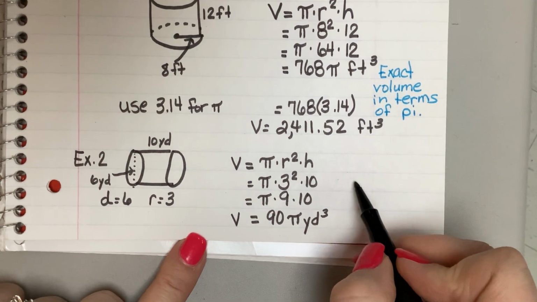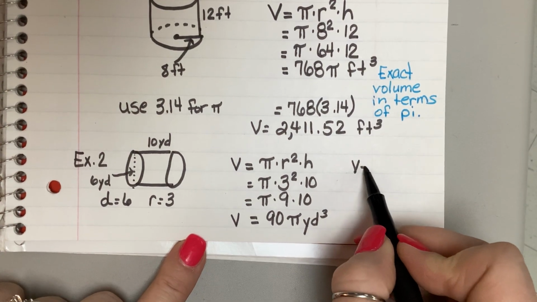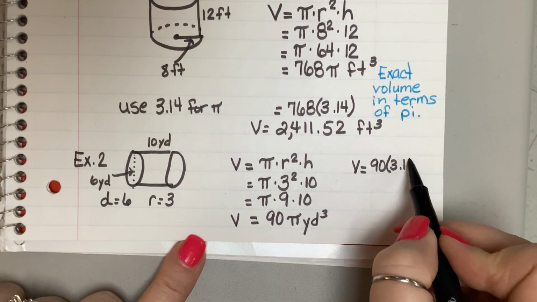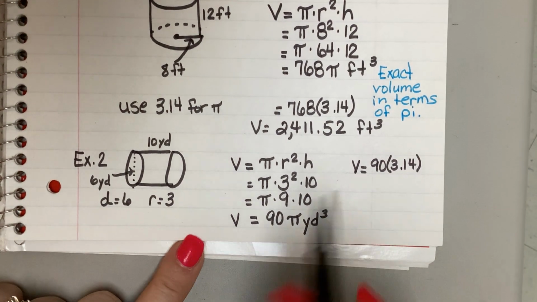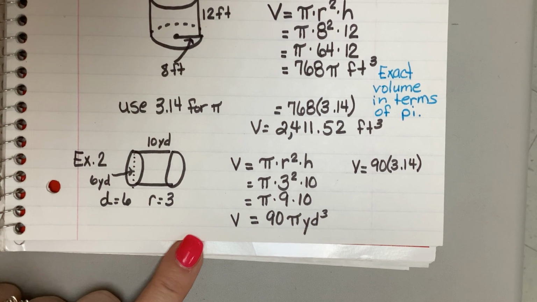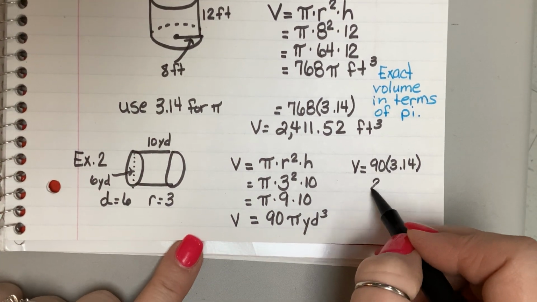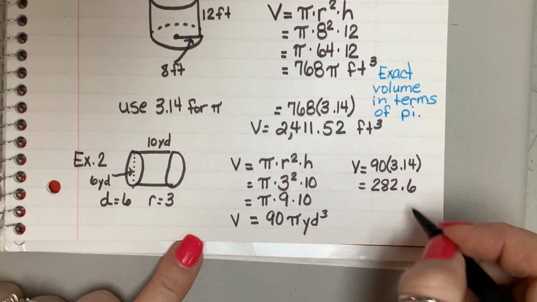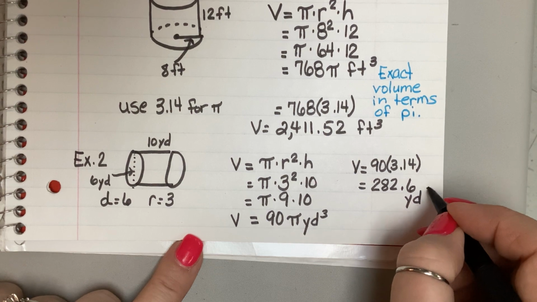Then if we took it out, volume equals 90 times 3.14, which is 282.6 yards cubed.